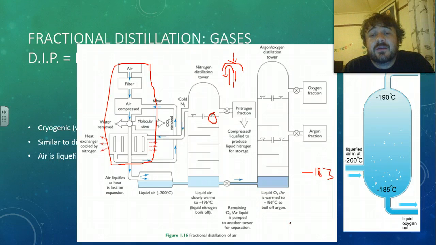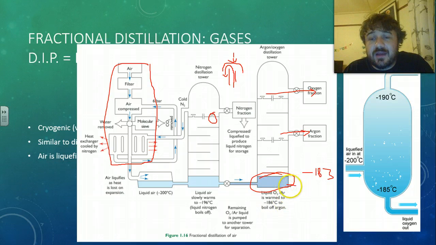Okay, so the liquid air is warmed just to minus 186, and then the argon comes out here and is extracted out. That leaves you with your pure oxygen. Now you can heat that up and pull it out here if you want. That works fine. Or some plants will have it just extracted out as a liquid. And that's how we separate the gases.